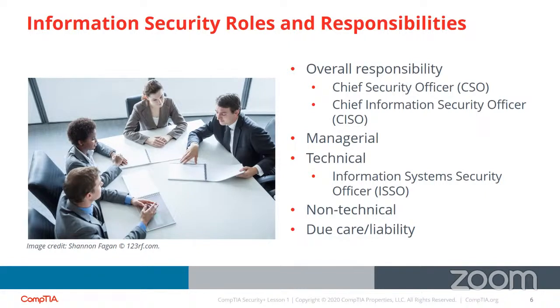Then we have the managerial, those are supervisors and junior officers. Then we have the technical, and that's more of where we belong at the end of this course. At the technical department, we operate as an information system security officer or an analyst.